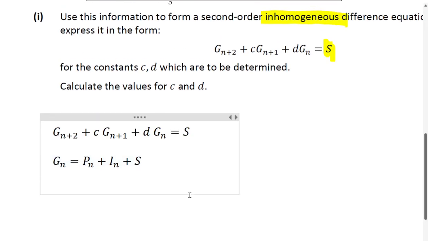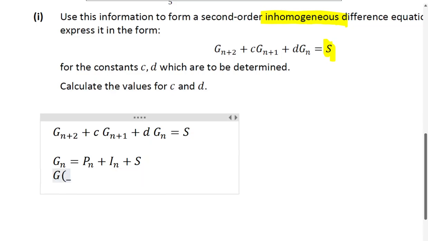I'm not sure what we're going to do. The first time I did this question, I started with G_n and realized that I was going to have to end up with n plus 2. So I'm actually going to put G_{n+2} equals, because it says in the question earlier, it says for every n.